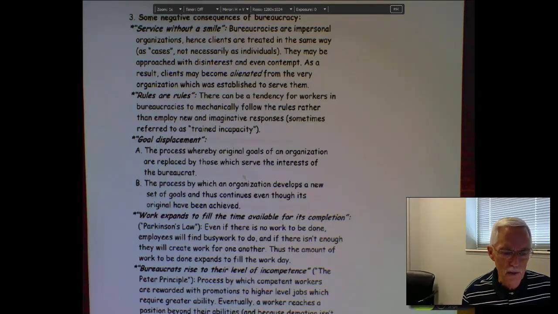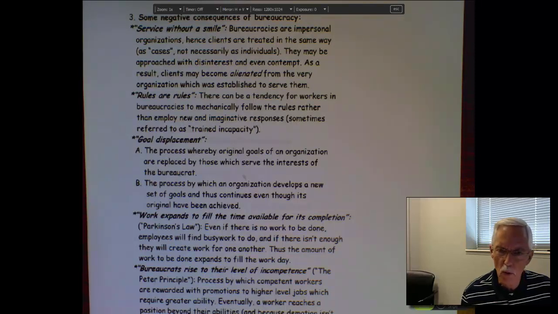For example, some organizations have utilized self-managing work teams as a way of improving productivity and morale. Yet, these approaches have sometimes failed due to management interference and less than effective team leaders.